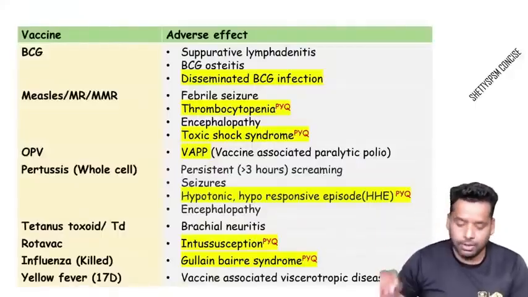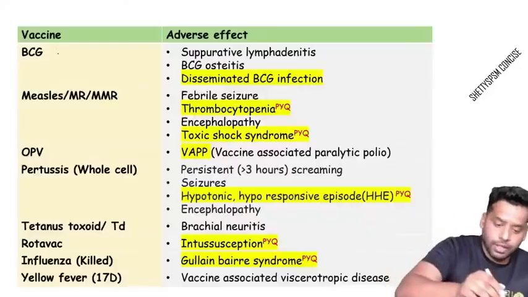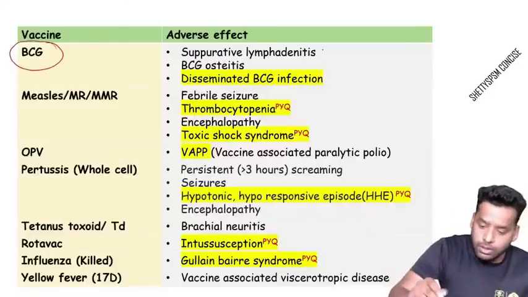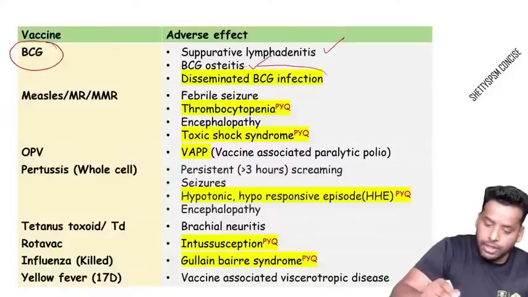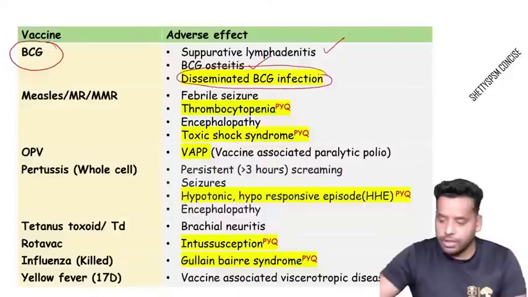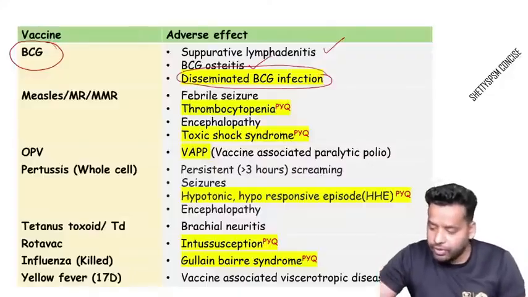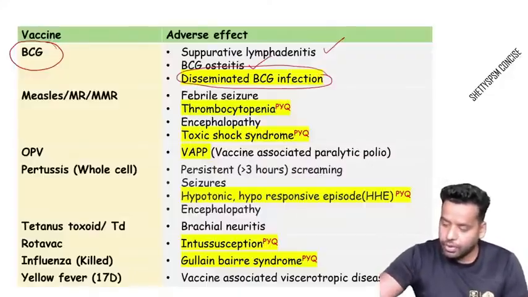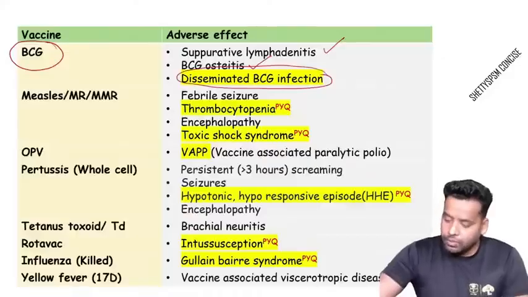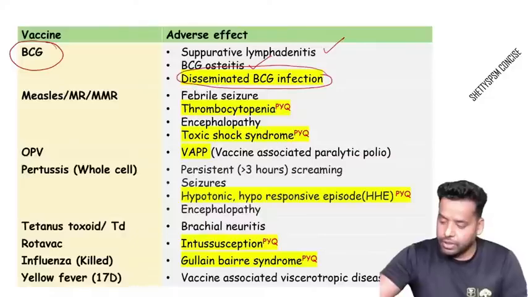Okay, good. Listen, BCG vaccine can cause suppurative lymphadenitis, BCG osteitis, and disseminated BCG infection.